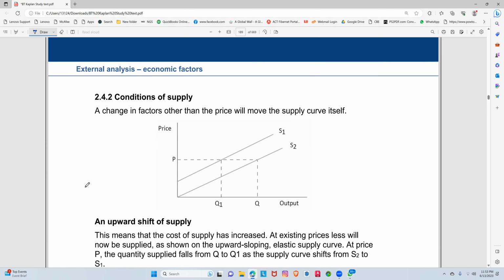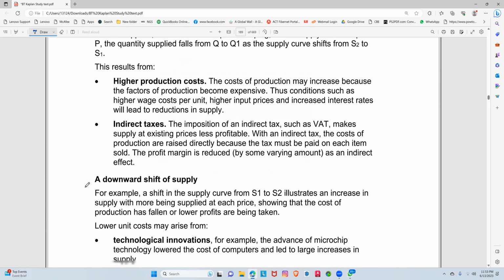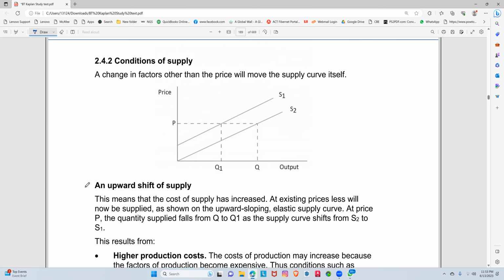Now conditions of supply, an upward shift of supply, downward shift of supply. Can you guys tell me what is an upward shift of supply and a downward shift of supply? Read it. Okay, read from the start until now.